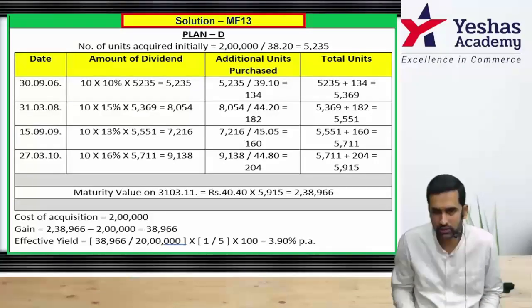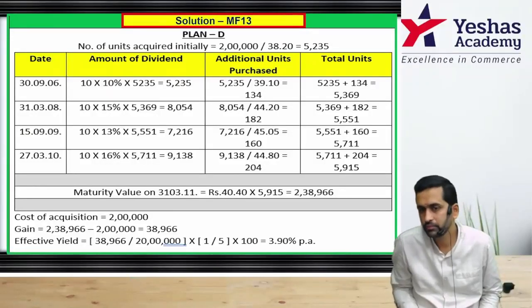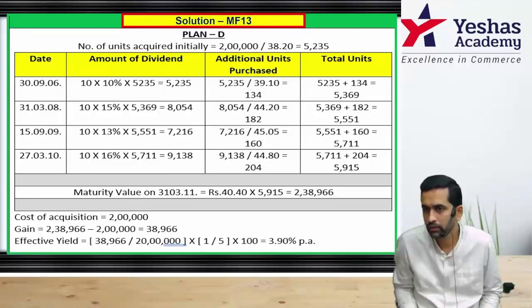They will allot units on the basis of that day's NAV, and that day NAV was 45.05. This will take you to 5711.